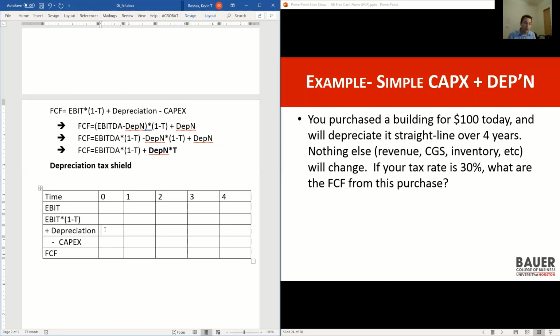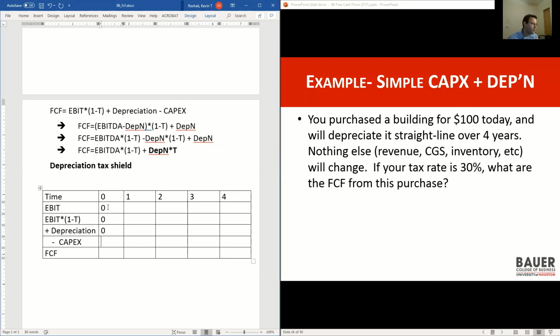So at the moment you bought it, it's worth exactly what you paid. You wouldn't depreciate that. So no depreciation, that's for sure. And we're not generating any sales or having any other expenses. We explicitly said everything else is just nothing. So there's no EBIT going on at time 0, nothing for EBIT times 1 minus t.